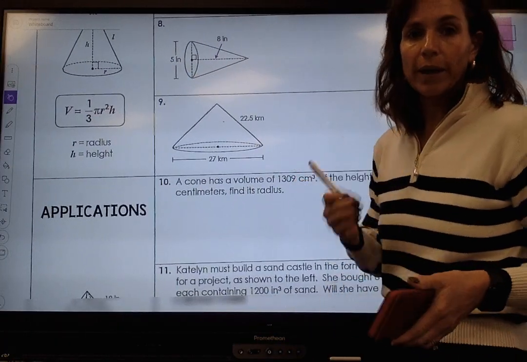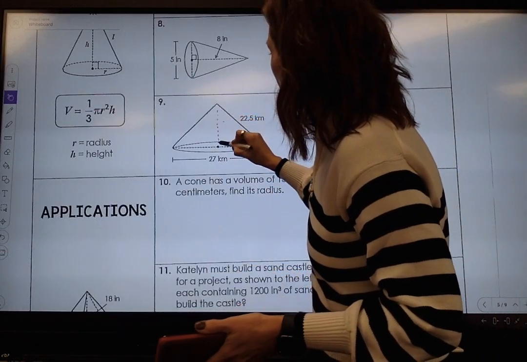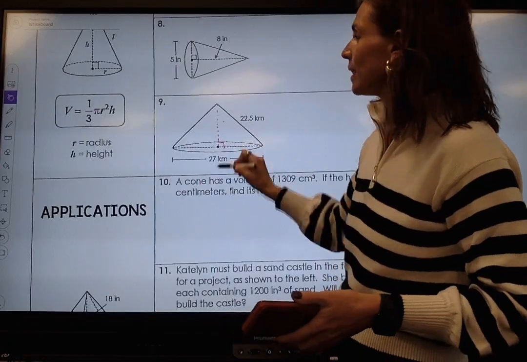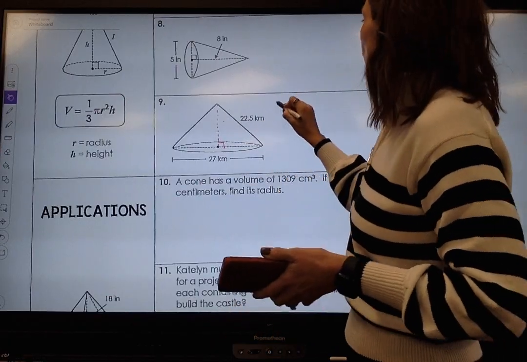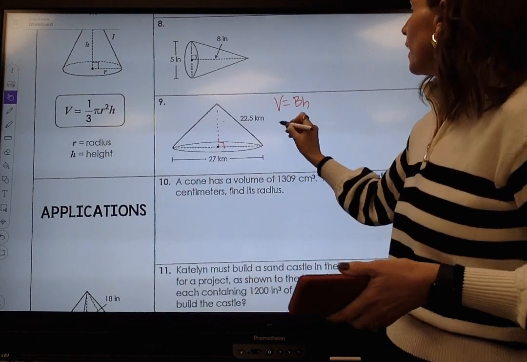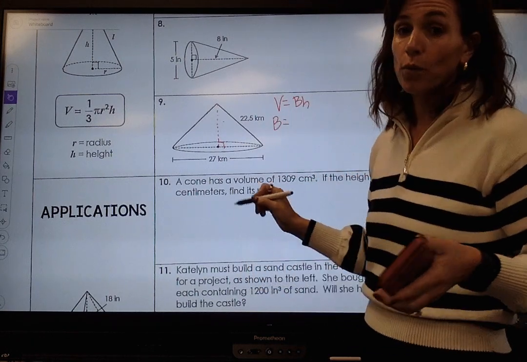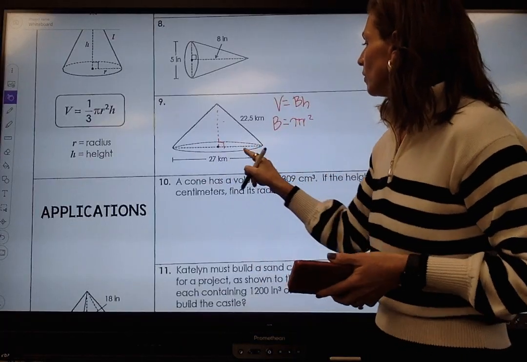and we're going to work a little bit backwards here for number 9. Okay, so it's not giving me the height of that pyramid, but can I find it? Absolutely. All right, so let's walk this through. Volume equals big B times H. In this case, big B stands for pi r squared because my base is a circle.